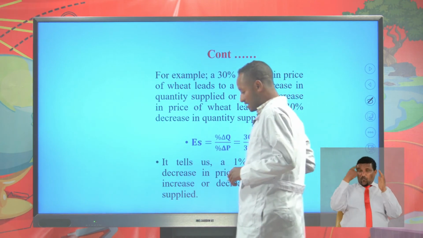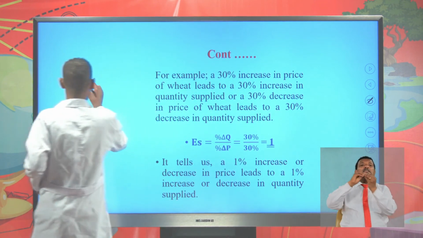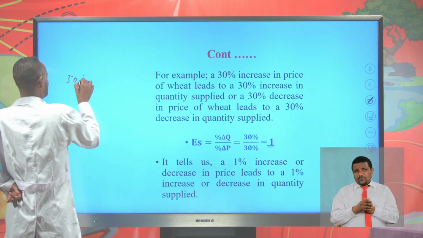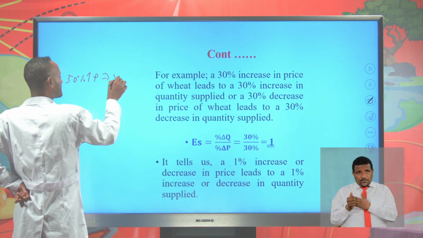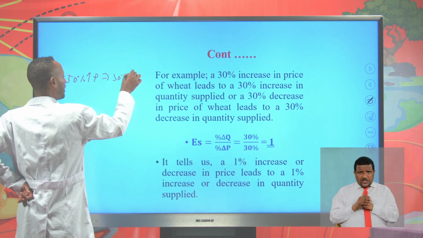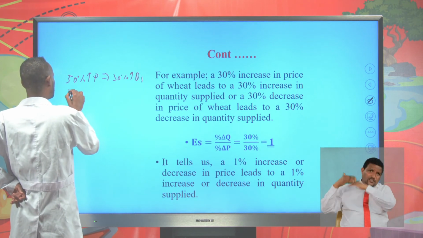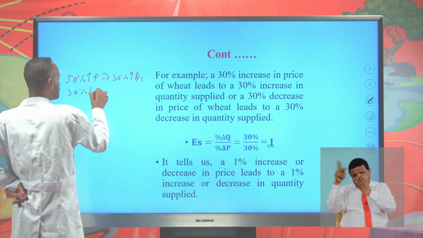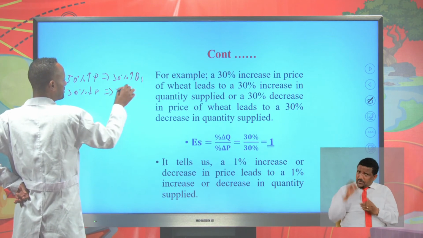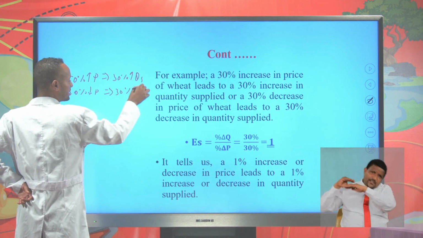For example, a 30% increase in the price of a commodity leads to a 30% increase in quantity supplied, and a 30% decline in price leads to a 30% decline in quantity supplied.